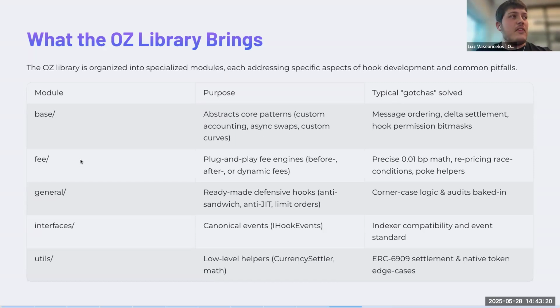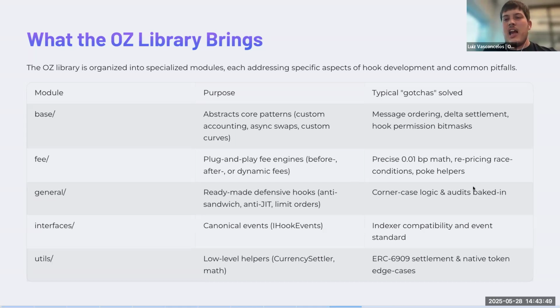There's the module on fees, which is different ways to handle fees. Basically, you can override fees. You can have dynamic after fees, which is like dynamic fees after the swap. You can have dynamic fees. So we provide these standards on how to deal with swap fees in different ways inside our library.